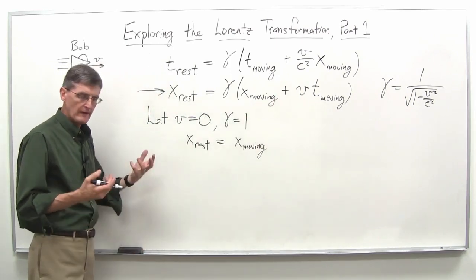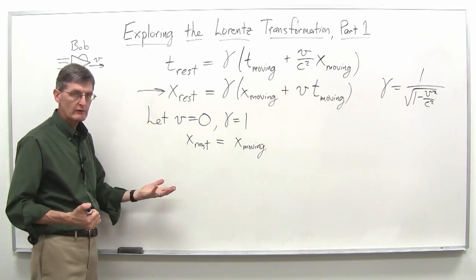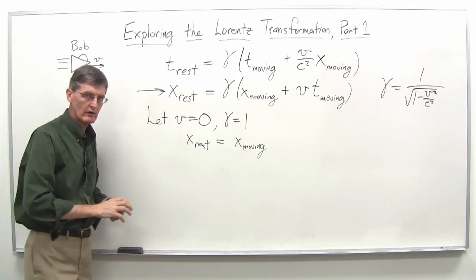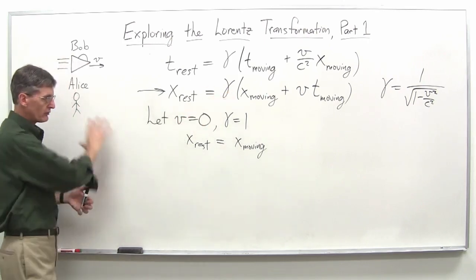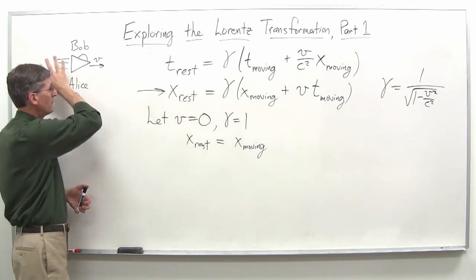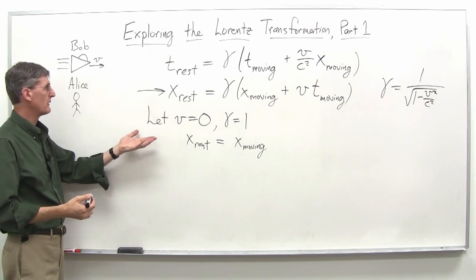In other words, thinking about the lattice of clocks as the underlying foundation of our observations, Alice has her lattice of clocks, and that's her measuring system for length and time. Bob would have his as well. If v is 0, they're not moving with respect to each other.